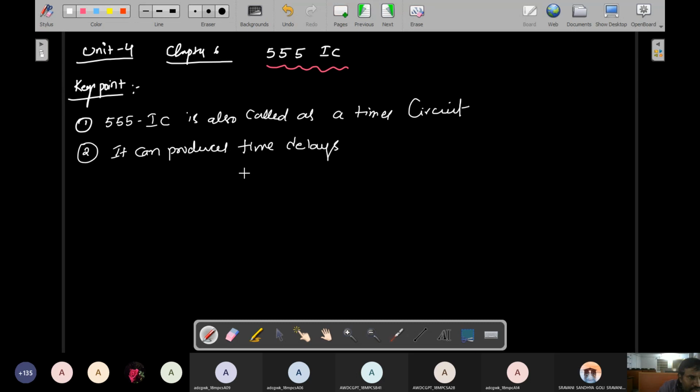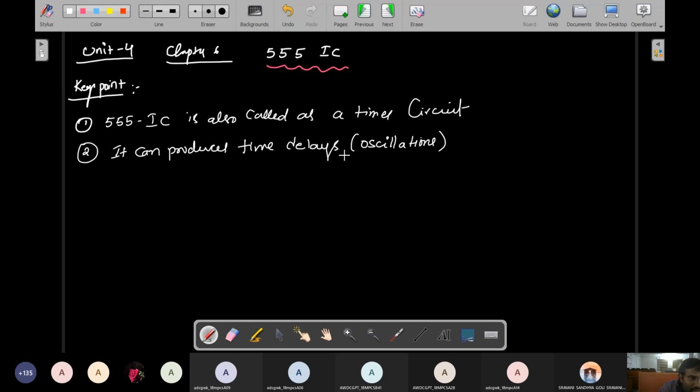Time delays means it is also called a timer circuit, and timers means oscillations. So it can produce time delays, and that means it produces time oscillations. So delays means oscillations. So triple five IC is producing time oscillations.